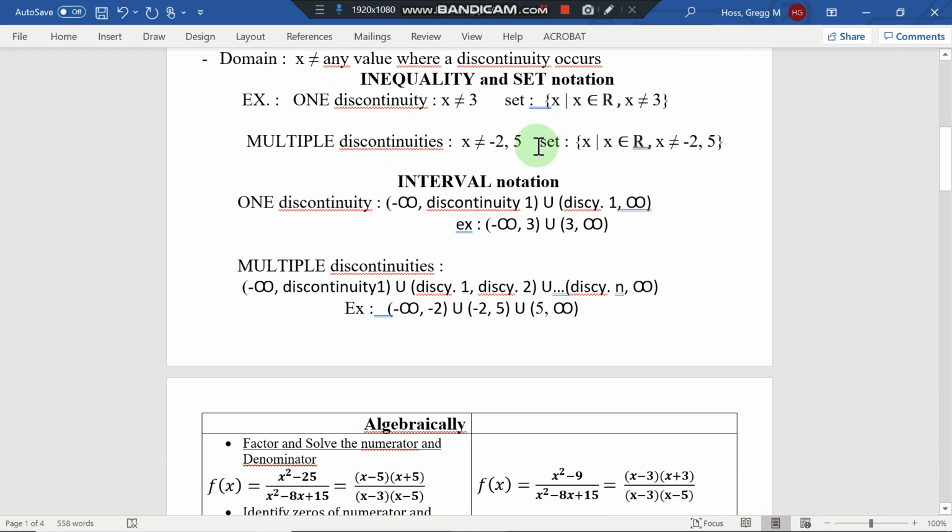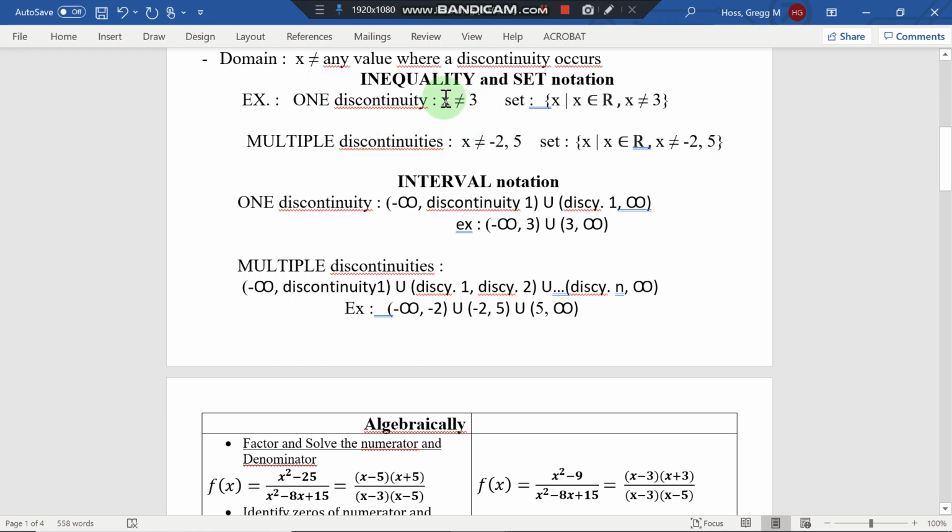To find the domain, given these discontinuities, we would say that x does not equal any value where a discontinuity occurs. For example, if we had a discontinuity at 3, when x equals 3, the graph is undefined.